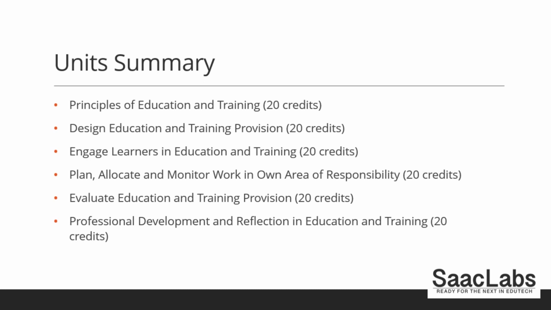So all these units that you see on the screen have been selected in a way that allows you to really work holistically on your own development within the field of training and education, but also learning the key models and tools that you will need so that once you get that job that you want to secure, you can really succeed and ensure that you are effective in your role.